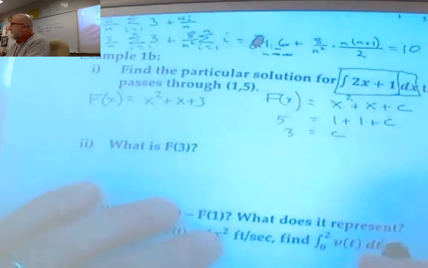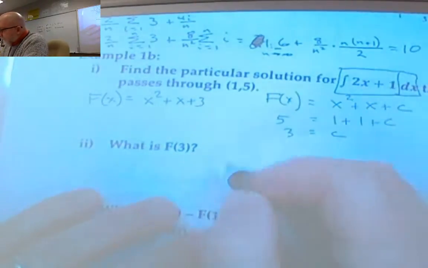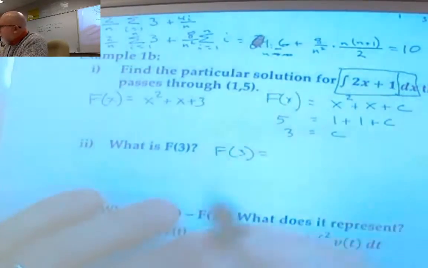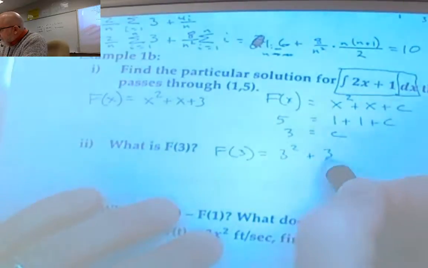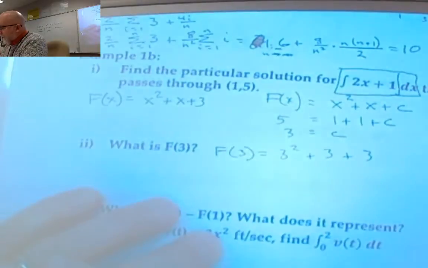Okay? All right? Now, Tegan, what's F of 3? How would I figure that out? Notice, 1, 2, 3 3s. Just point that out. What does that give me? 15.